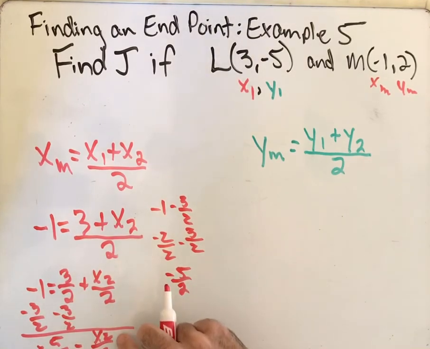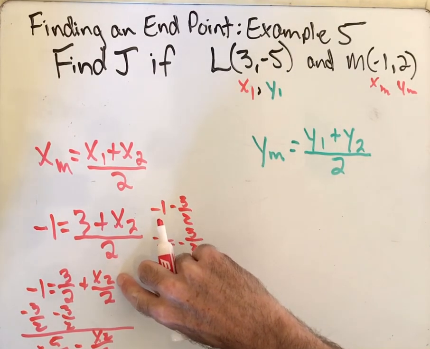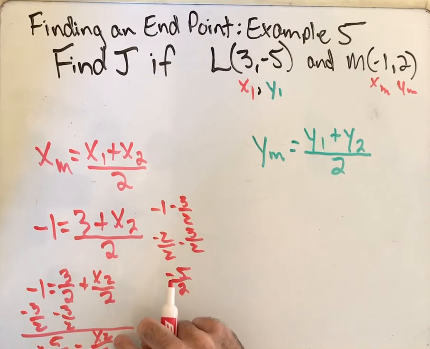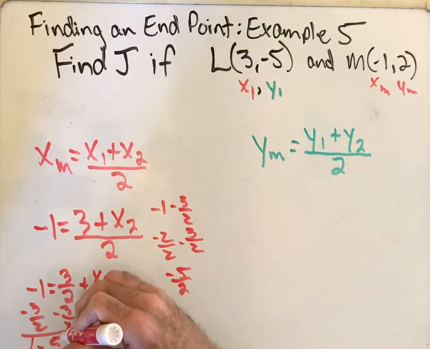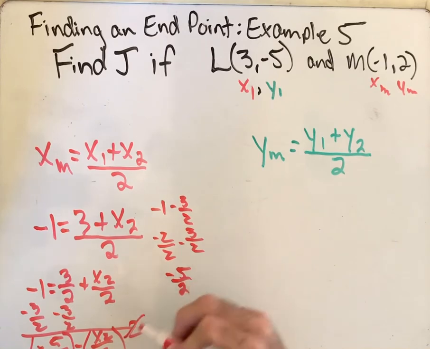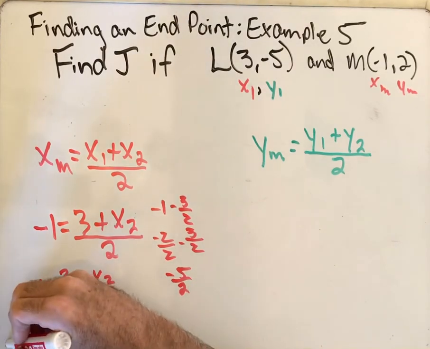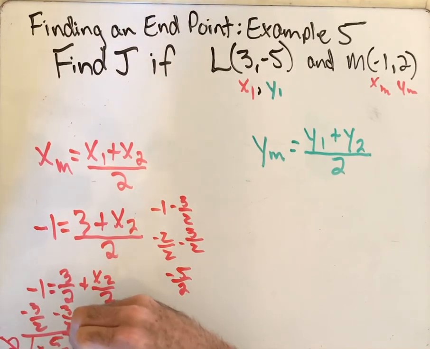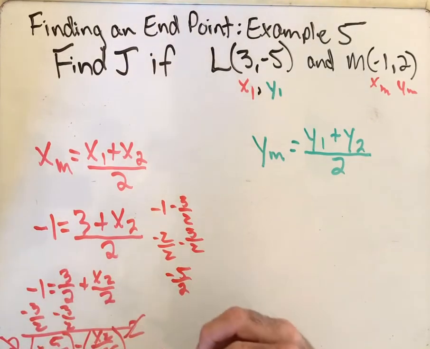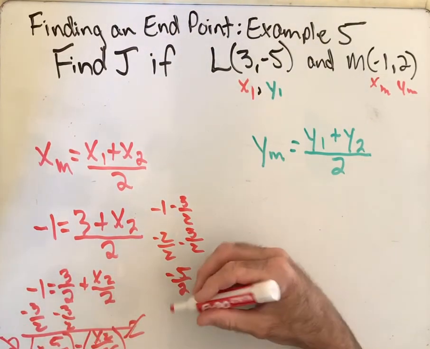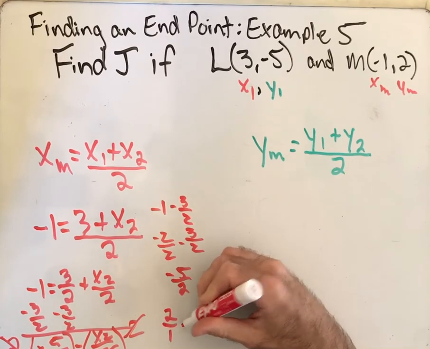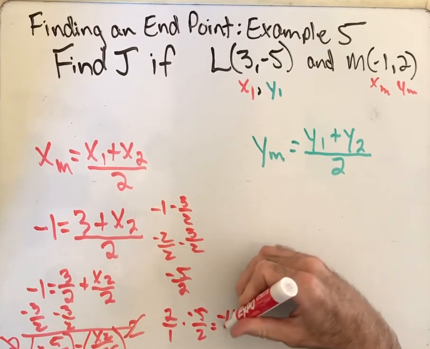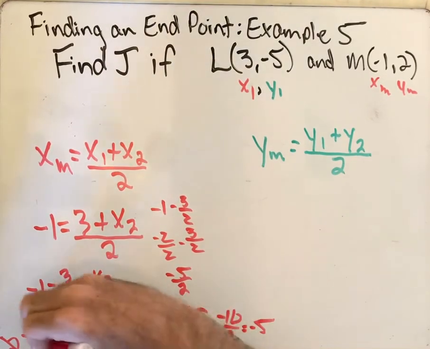I need to get this x sub 2 by itself. Remember, this is just a variable. Don't be intimidated because it's got this little sub 2 next to it. That's just telling us which point it is. This is still just an x value. To get x by itself, we multiply both sides by 2. Those cancel out on one side, and on the other, 2 times -5 over 2 is -10 over 2, which is -5, the same as if you cancel them out.